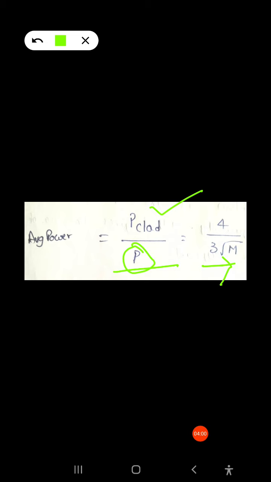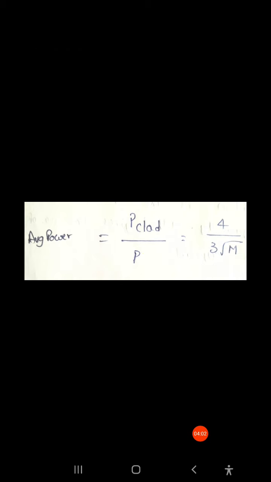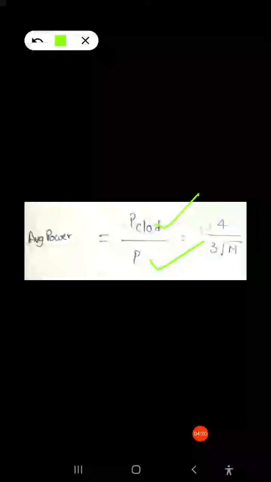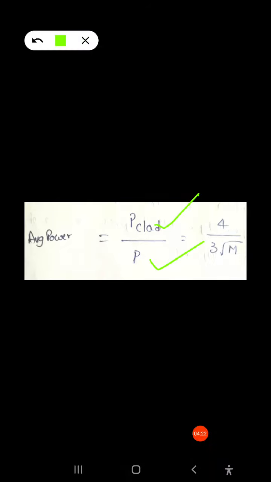It can also be expressed in terms of the total number of modes, that is 4 by 3 root M. So average power is the ratio of the cladding power to the optical power in the fiber. That is regarding average power.